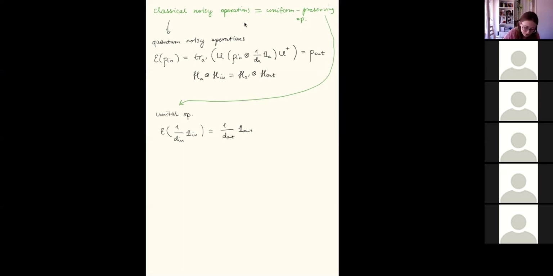So for example, quantum noisy operations belong to the set of unital operations.